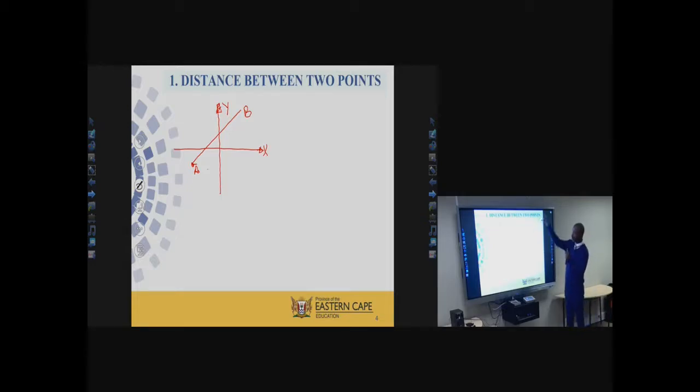A ray continues. It will be symbolized by arrows at the ends. But this one is a line segment. It starts from a point and ends at a point. So if you have a line segment, it means you have point A and point B.